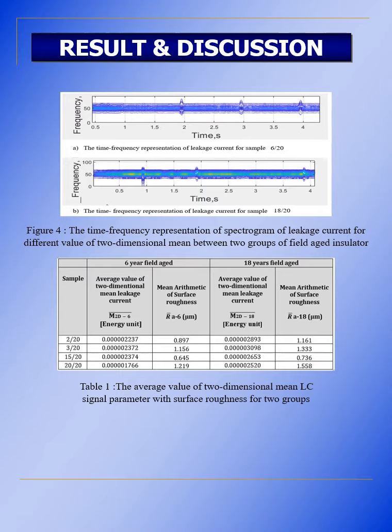For sample 2, the average value of Ra for 6 years is 0.897 micrometer. Then the value of Ra for 80 years is 1.61 micrometer. Meanwhile, the average value of M2D for 6 years is 2237 nano energy unit, and the average value of M2D for 80 years is 2893 nano energy unit.